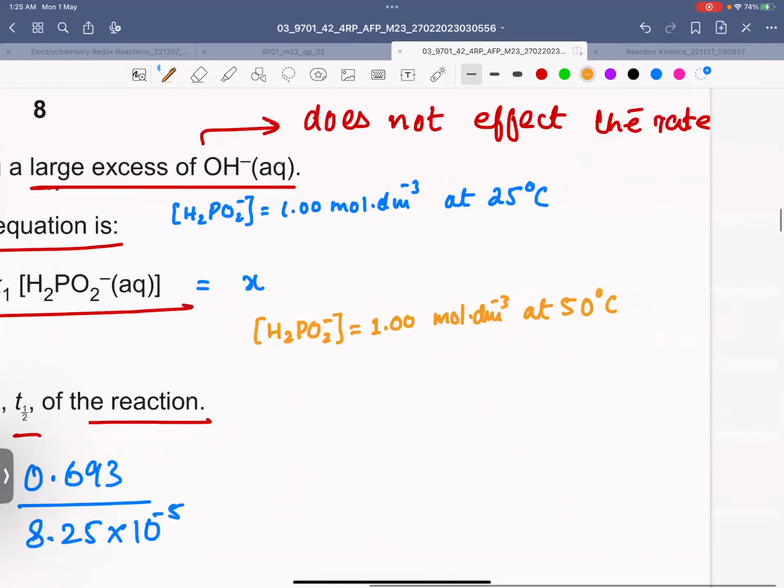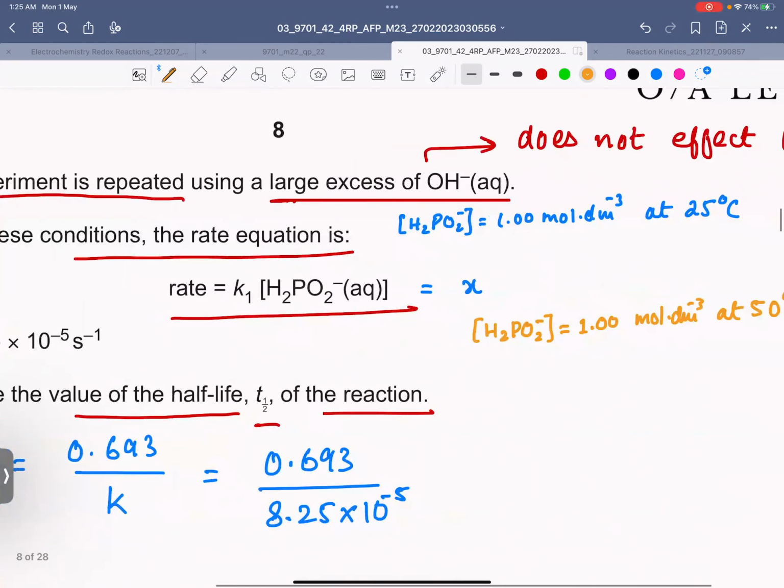Okay, now think, in both the cases is the concentration changed or not? No sir. No, but the rate is going to be greater than the previous one, right?